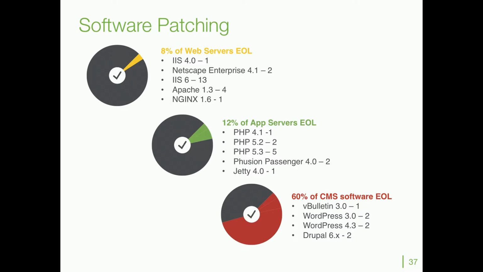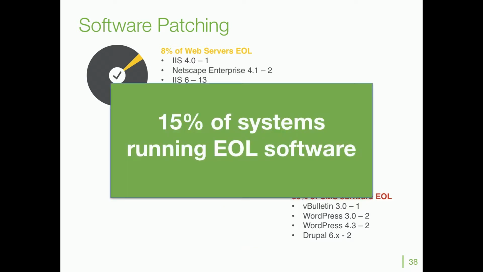And again, these aren't versions of software where there's a patch that's available to use. These are versions of software where the vendor is no longer supporting it. End of life. So overall, 15% of their systems were running end-of-life software.